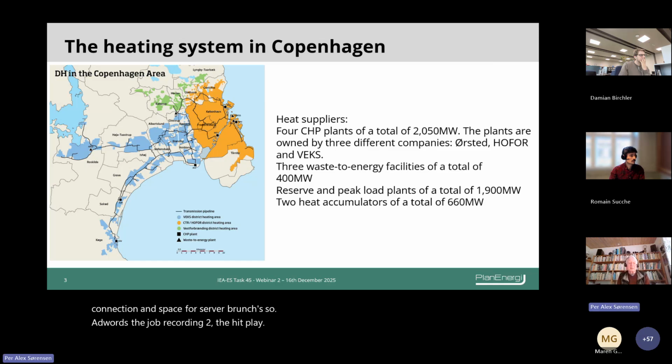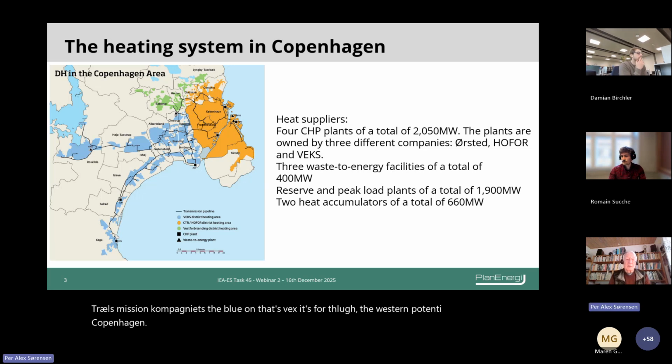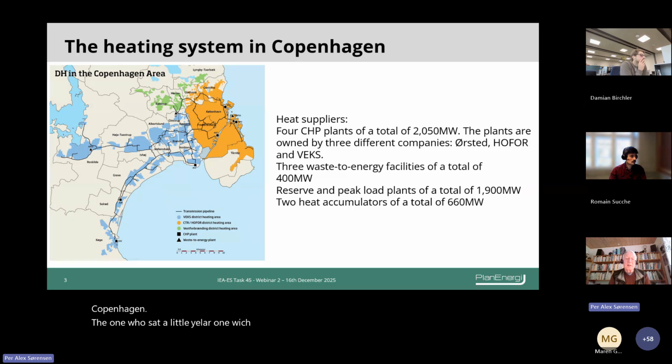If you look at the heating system in Copenhagen, there are 3 transmission companies. The blue one, that's Vex, it's for the western part in Copenhagen. And then there's the yellow one, which is CTR, the central part of Copenhagen.